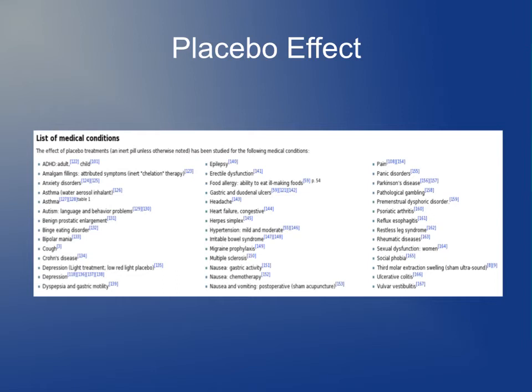And I mean, some of these are really strange, like you can apparently treat asthma with placebo, or you can treat erectile dysfunction with placebo, or pain, or all sorts of things like that. In fact, there are even cases of cancer going into remission once you inject the person with salt water. For some reason, the human brain, when it thinks it's being treated, starts to get better, even if the treatment is having no effect whatsoever.